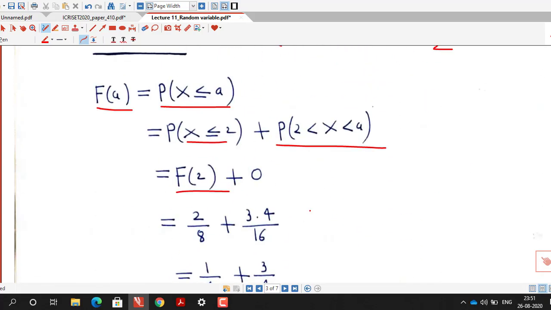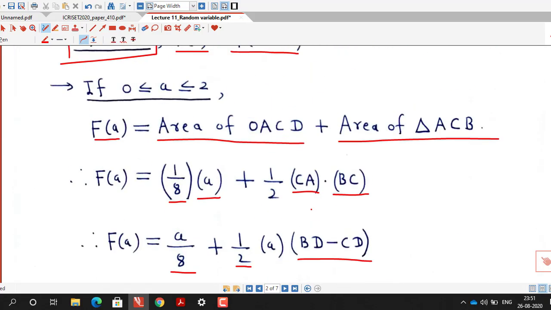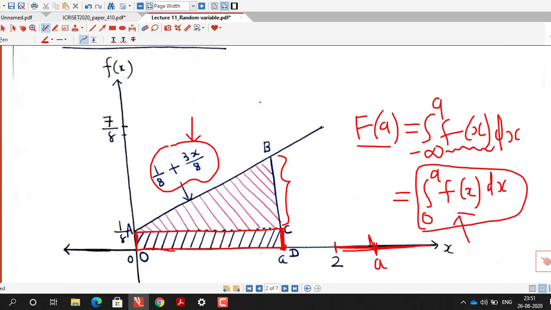So if our PDF function is linear, then we can determine the value of CDF without doing this integral. Using geometry, we can find out the area under the density curve, but this is applicable only if our function is linear.